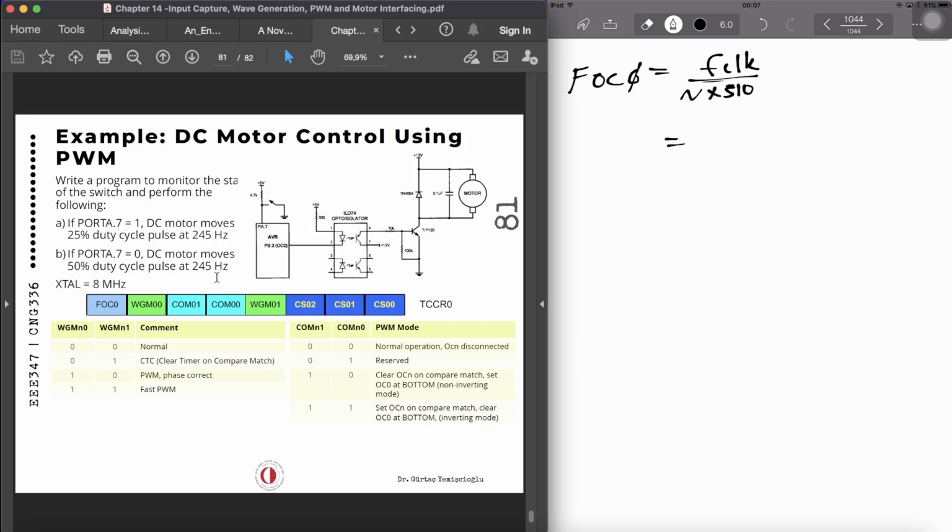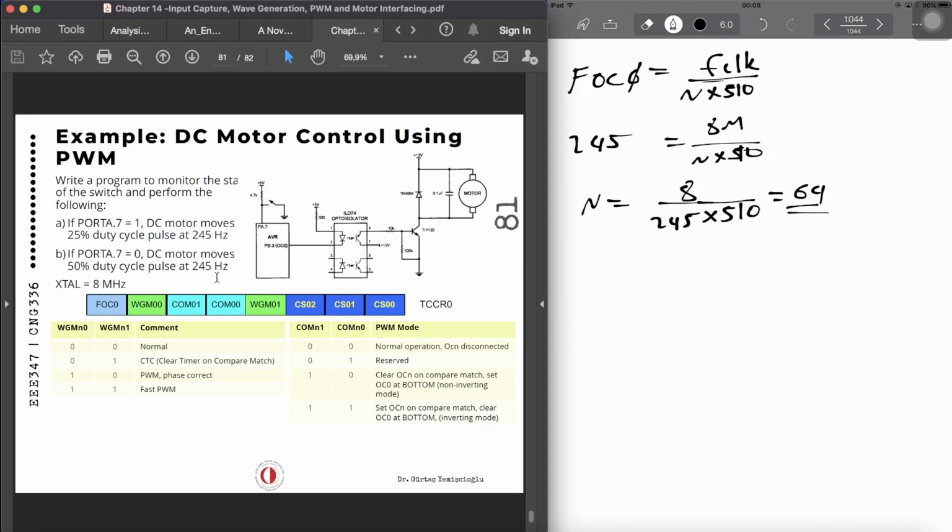So the frequency is 245, F clock is 8 megahertz, and N times 510. We just need to rearrange the equation. So N is going to be 8 megahertz over 245 times 510, which gives us 64. So our prescale value will be 64, which we will need to use.